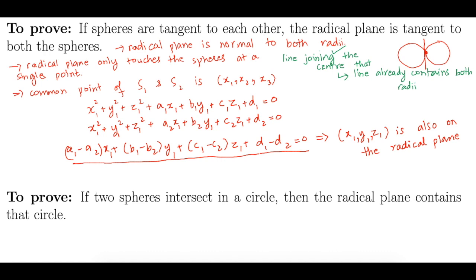Okay, so this means we have proved two things. We have proved that the plane only touches the two spheres at the point of their touching, and secondly, that the plane is perpendicular to the radii of both of them. So this means this plane is tangent to both spheres. Okay, so now we have proved it.